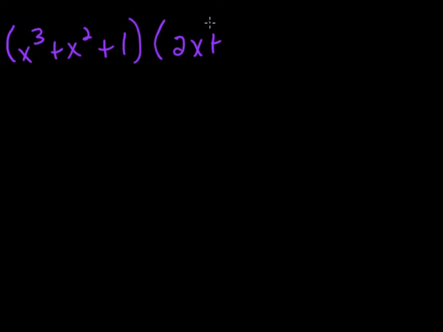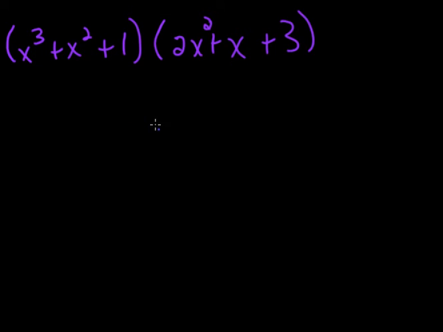So if I have a large polynomial, x cubed plus x squared plus 1 times another large polynomial, 2x squared plus 1x, don't know why I wrote the 1 in my notes there, but plus 1x plus 3.